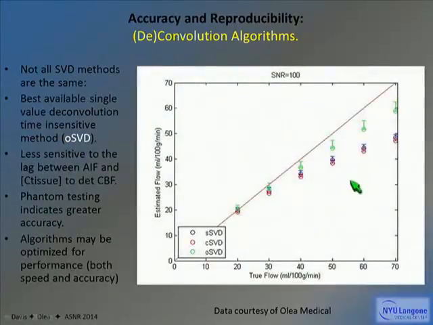And we can see in this graph that the more time-insensitive SVD algorithms bring you closer to the true mean, to the true value, than the sSVD or other single-value deconvolutions. So a better deconvolution algorithm gives you better accuracy.